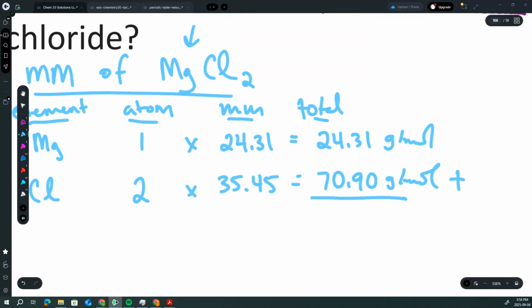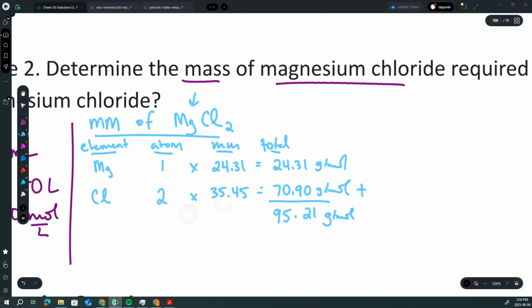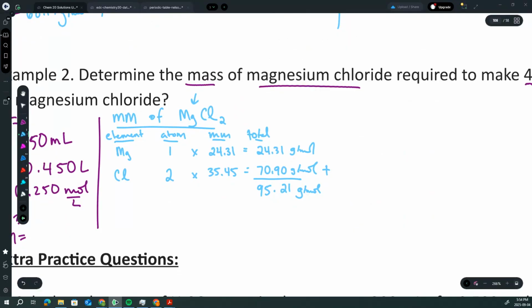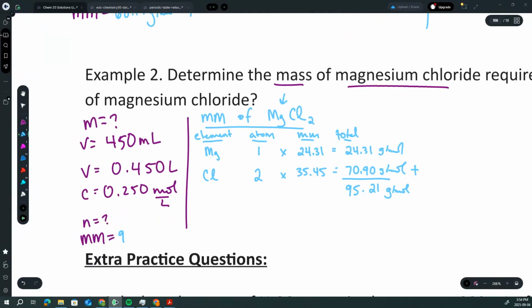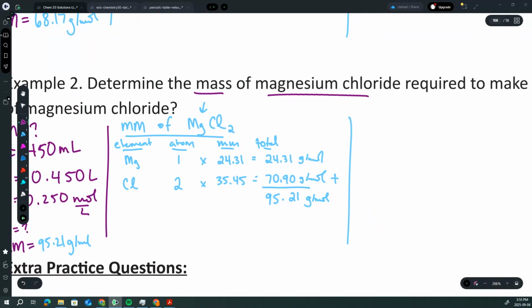So adding them up, we're going to get 95.21 grams per mole. All right, now that we have molar mass figured out, we are going to be finding moles.